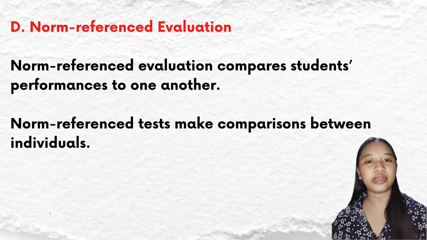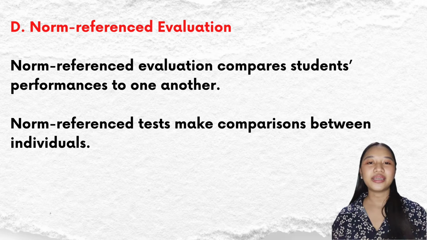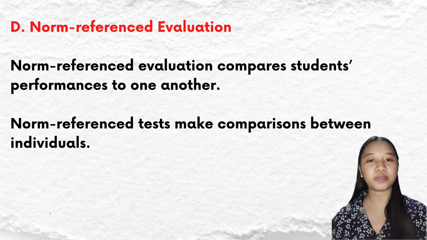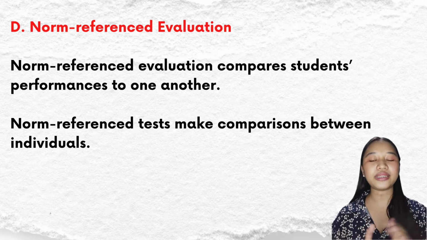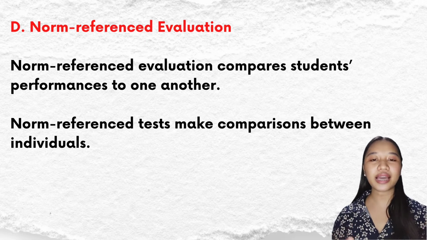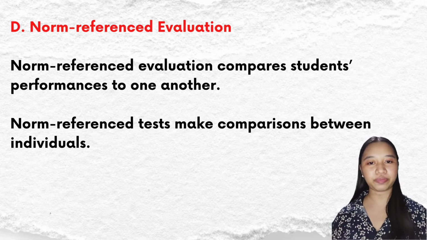The key term here is comparison between individuals, okay? Since the test item shows that Teacher K wants to compare his students' performance to other students, there is a comparison. And indeed, the answer is in letter D, norm referenced evaluation.